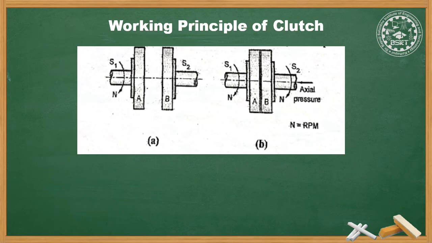The torque or power transmitted by the clutch is given by T equals W into R, where the power transmitted depends upon the coefficient of friction of the material and the radius of the clutch. R is the radius of the clutch and the coefficient of friction is also called mu. That is, T equals mu into R.